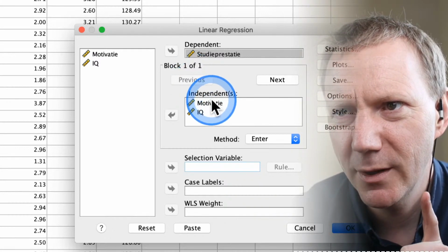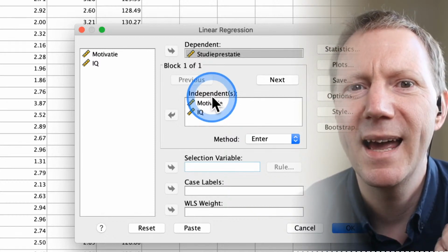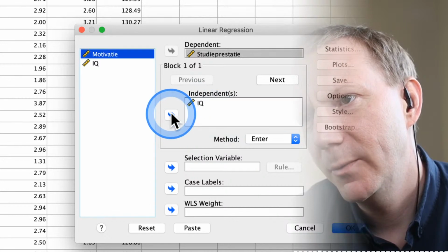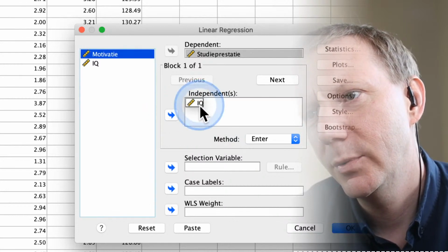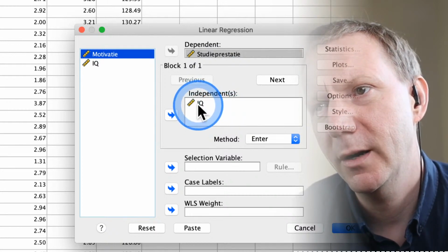What this box means is that you can add to your model. So, for example, last week we looked at the prediction with only one predictive variable.